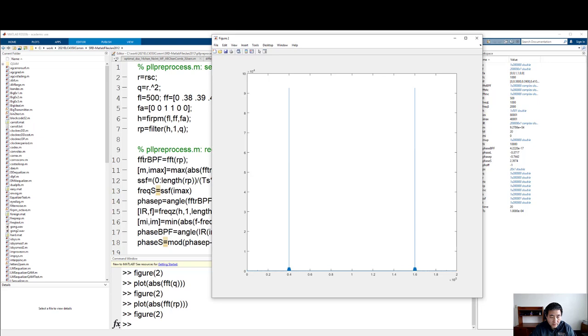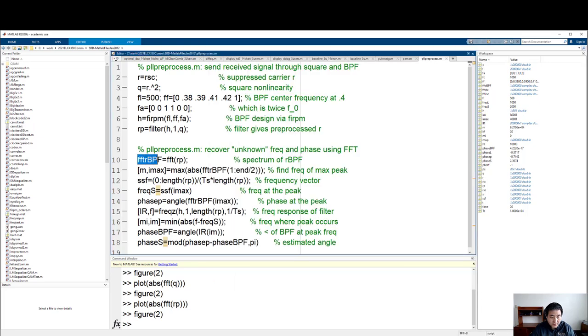This is our actual signal, the FFT of R, going through a bandpass filter. The bandpass filter has a passband around 2fc. And then we use the same method, line 11, to find the maximum of this spectrum, find the position corresponding to this maximum value, and map it with the frequency vector to see what this maximum frequency is.